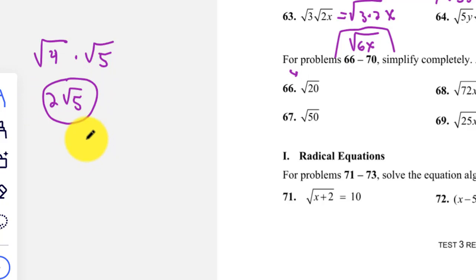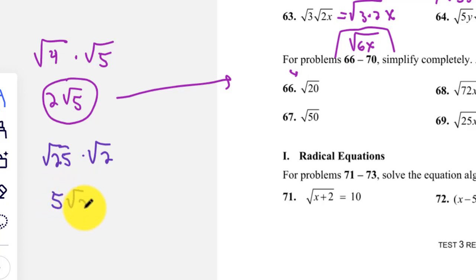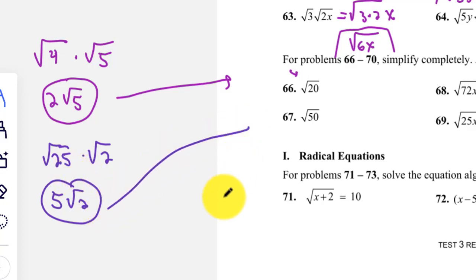So this is your final answer for 66, right? 67 we can rewrite as the square root of 25 times the square root of 2, right? 25 times 2 is 50. And we know the square root of 25 is 5, and we're left with times the square root of 2. All right? That's number 67.